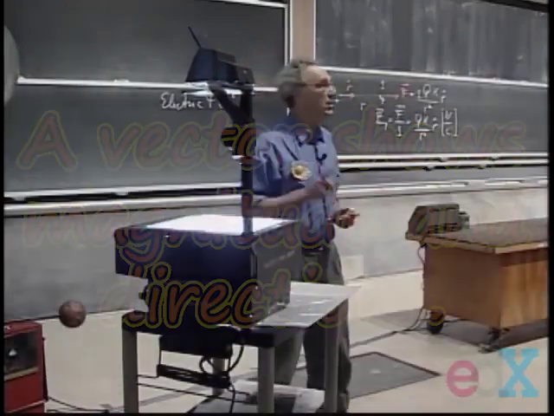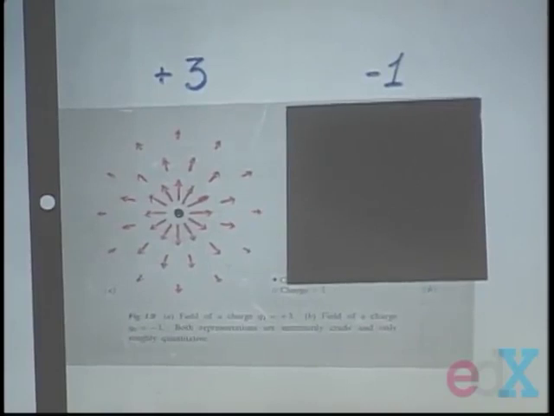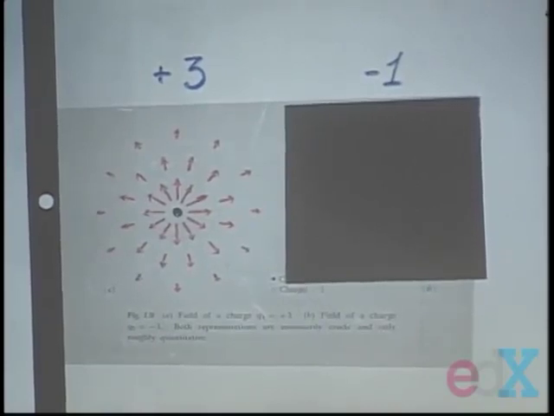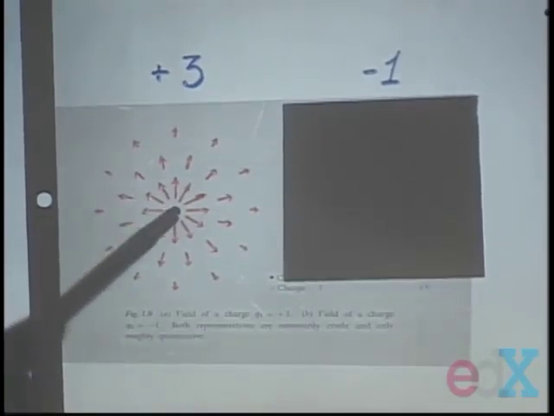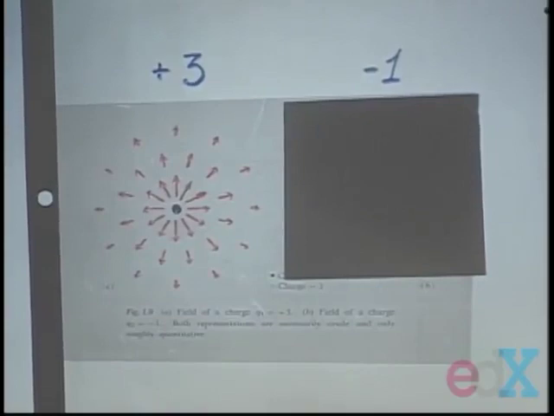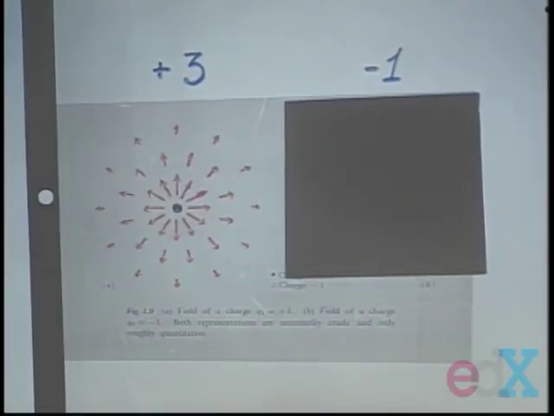So by convention, the arrows are pointing away from the charge, in the same direction that a positive test charge would experience the force. And you notice that very close to the charge, the arrows are larger than farther away. That sort of is trying to represent the inverse R² relationship. Of course, it cannot be very quantitative.